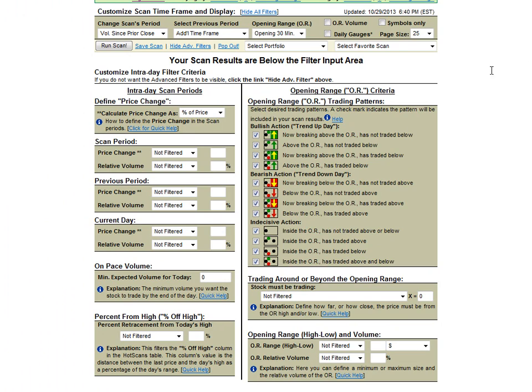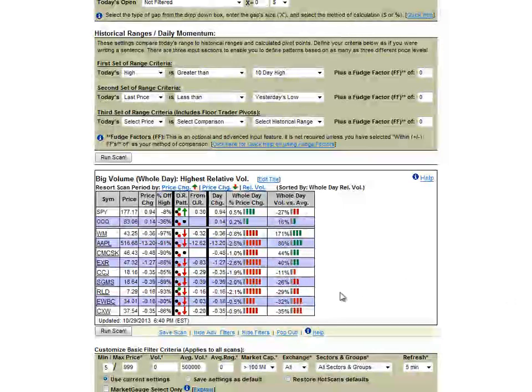I changed that to take it off, and as you can see by the results, that increased the number of stocks that showed up. It doesn't necessarily make them better, but I wanted to see if there was any negative price action because, as I said earlier, the day overall in the markets was not a big negative day. So these stocks had really negative action on a day in the market that really wasn't that negative.